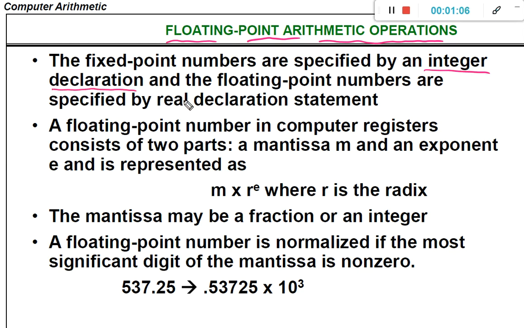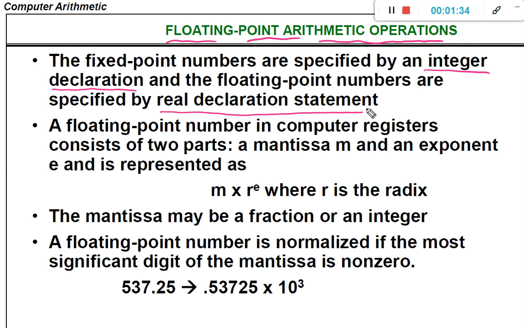That is the fixed point representation of numbers. Whereas the floating point numbers are specified by the real declaration statement. In mathematics we generally call floating point numbers real numbers. In C language we use the float as well as double data type, and in several other languages with different names we represent floating point numbers.